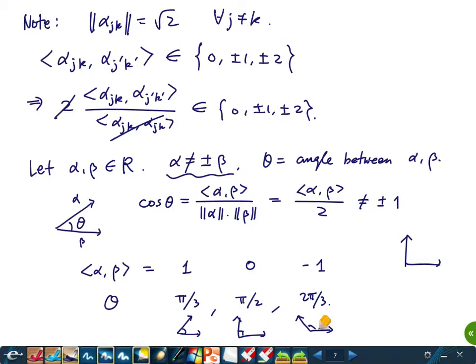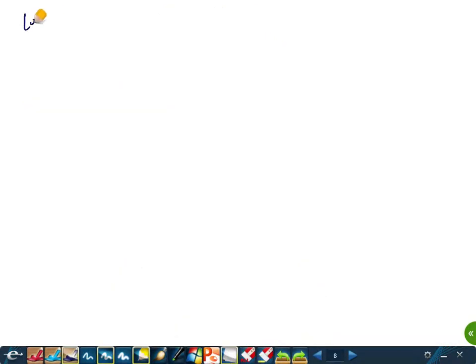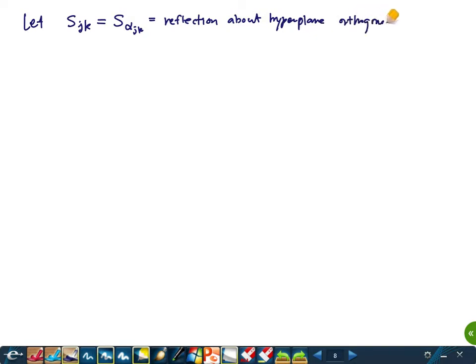And now let's consider the Weyl group of the type A_n root system. For simplicity, I'm going to denote s_jk, which is really s_alpha_jk, because alpha_jk is a root. This is, by definition, the reflection about the hyperplane orthogonal to alpha_jk, which is e_j minus e_k.